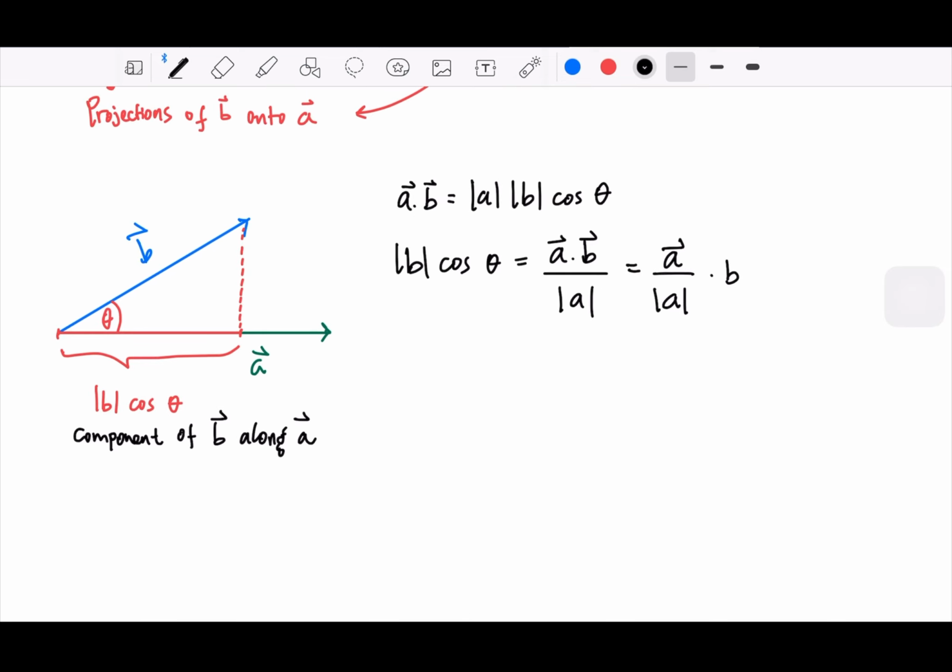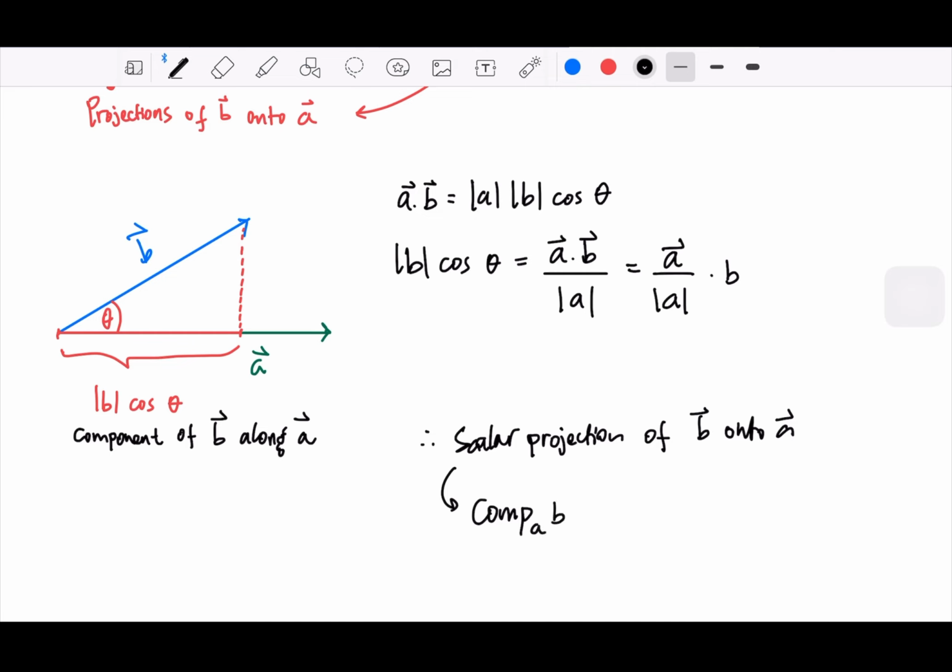Okay, so as a conclusion, the scalar projection of B onto A, or we call this a component. We sometimes write component A, B like that.